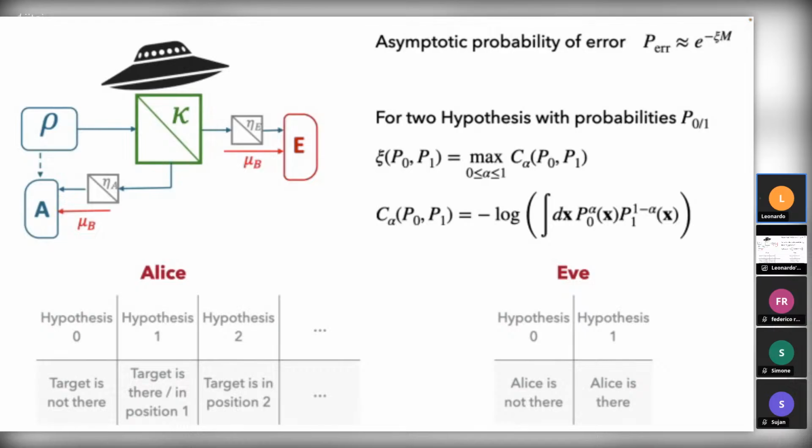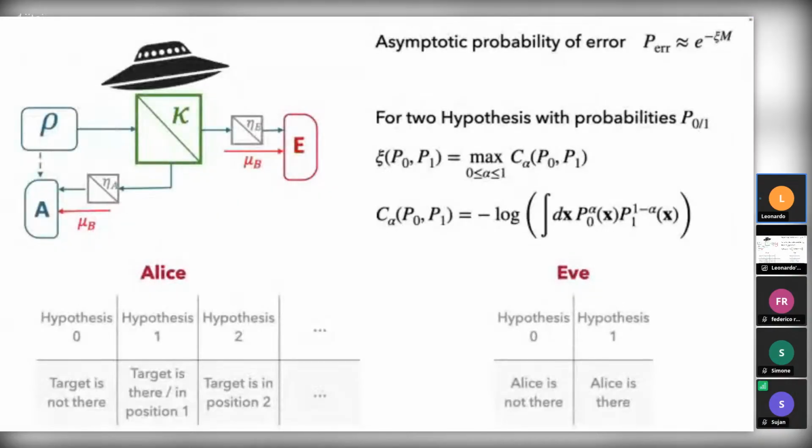On Eve's side, you have another hypothesis test: hypothesis 0 is that Alice is not there, so there is nobody trying to spot your presence, and hypothesis 1 is that Alice is there. Whenever we have a hypothesis test like this, you can define the asymptotic probability of error.